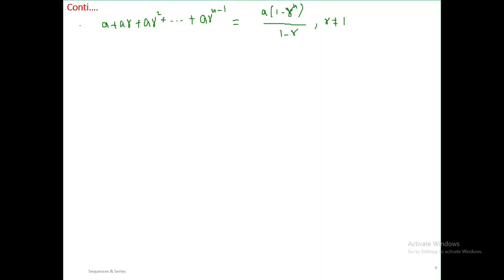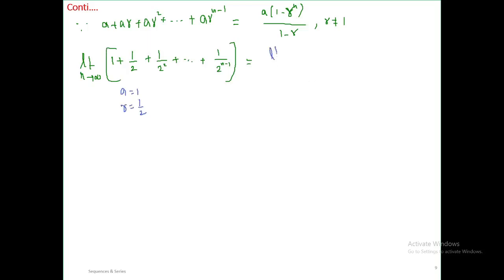Since we know this, directly I can say, limit n tends to infinity of 1 plus 1 over 2 plus 1 over 2 raised 2 plus up to so on plus 1 over 2 raised n minus 1. So this limit will be, what is this? A is the first term, which is 1, and the geometric ratio is half.